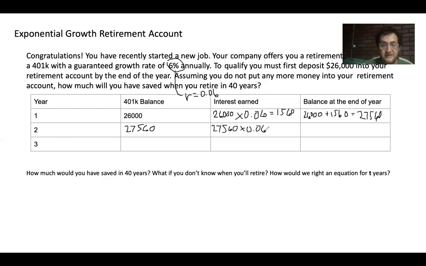So we're going to get 1,653.60. Then if we add those, we get 27,560 plus, and you want to have a good calculator with you, 1,653.60. So we're at 29,213.60.